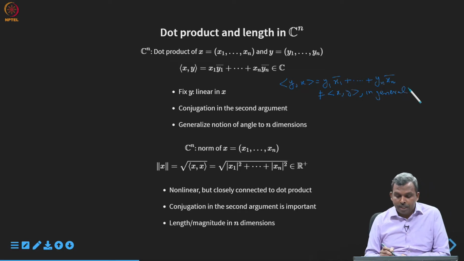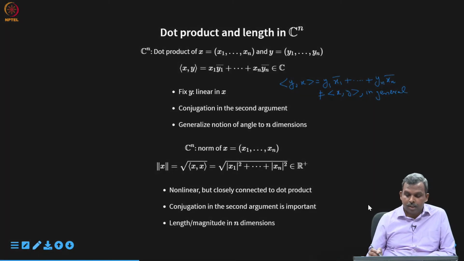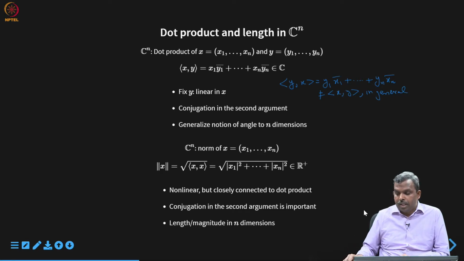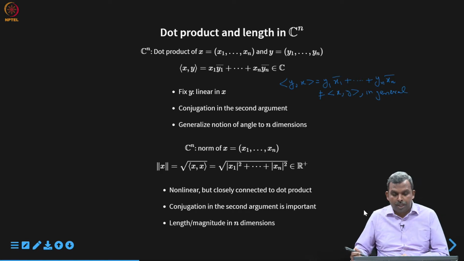So already we see a difference between real and complex. This is something you have to keep paying attention to. But if x and y were over Rn, if they were both real, then y comma x and x comma y will be equal. In complex, in general, they need not be equal. Something to pay attention to.